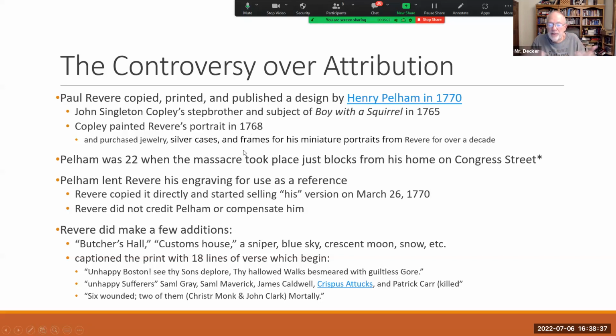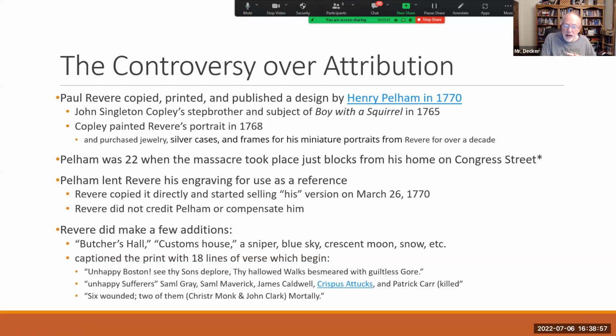Remember, Revere was a silversmith, so he made silver frames and jewelry and things like that. Henry Pelham was 22 when the massacre took place just blocks from his home on Congress Street. Put an asterisk here. Originally, it was called Linham's Way, but it's now known as Congress Street.